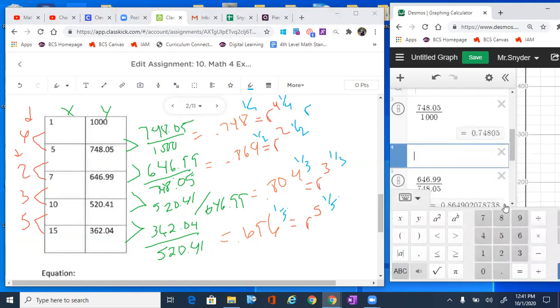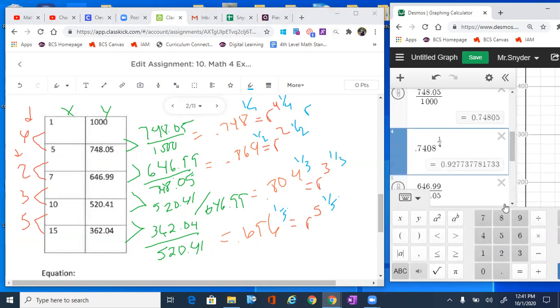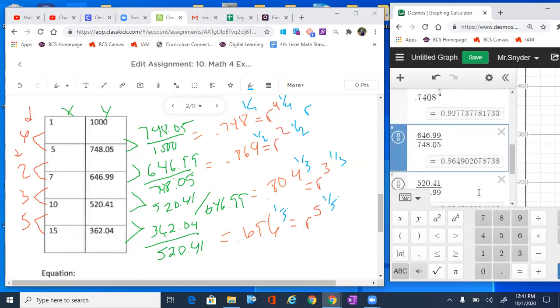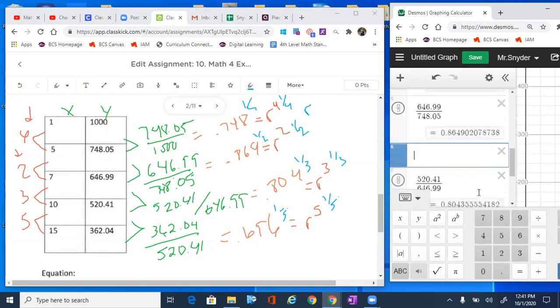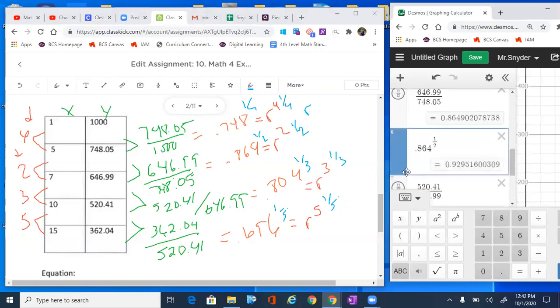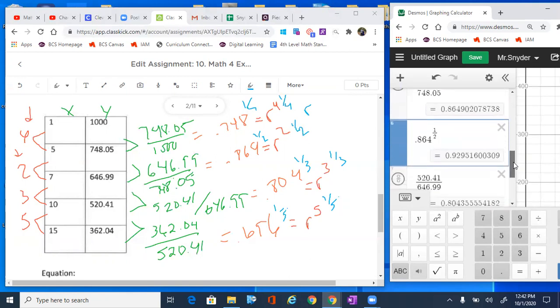If I take 0.7408 and put it to the 1/4 power, it gives me 0.927. Let's go to the next one. If I take this 0.864 to the 1/2 power, guess what? It gives me 0.92.